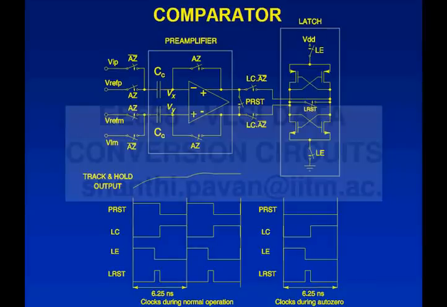This is the comparator, this is the preamp, this is the latch, and during the auto-zero phase, the preamp has to be disconnected from the latch. So this LC, which connects the preamp output to the latch, is ANDed with auto-zero bar. So when this comparator is being auto-zeroed, these switches are open all the time. So what do you think will happen to the output of the latch?